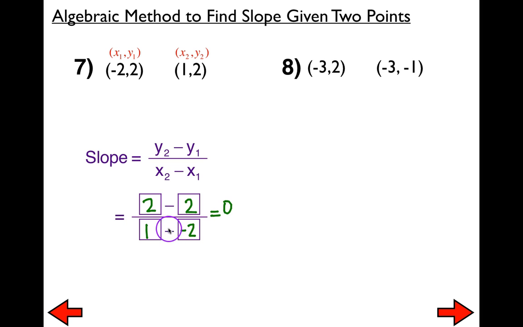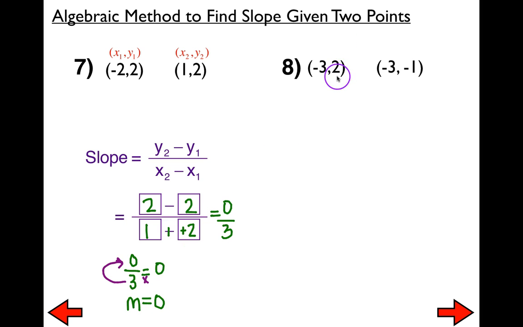So I'm going to add the opposite since it is subtraction, and I'm going to get 1 plus positive 2, which is 3. So here, 0 divided by 3. We want to say 0 divided by 3 is 0. But before we can state that, let's check our work to see if that's true or not. Does 0 times 3 really equal 0? The answer is yes, so I can confidently say that the slope is 0.